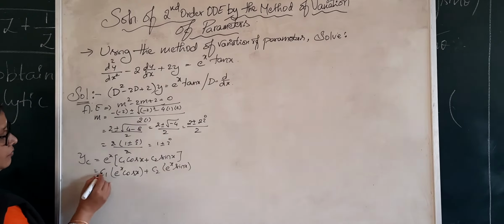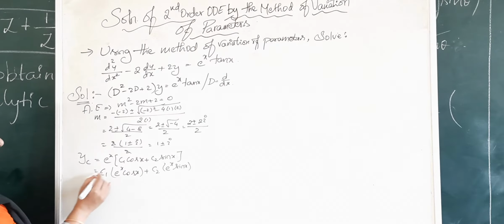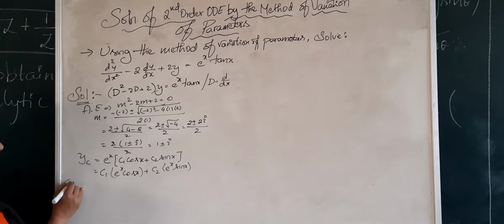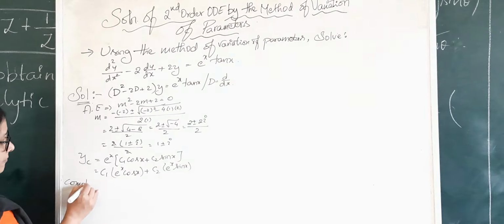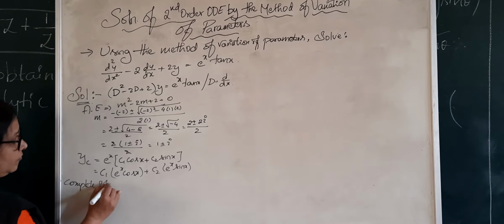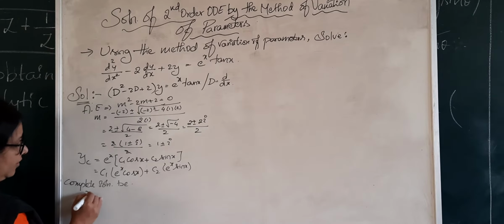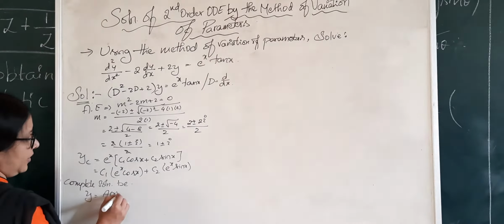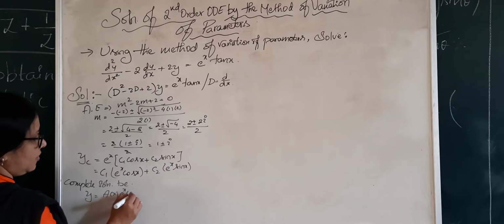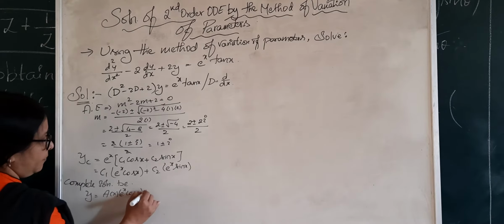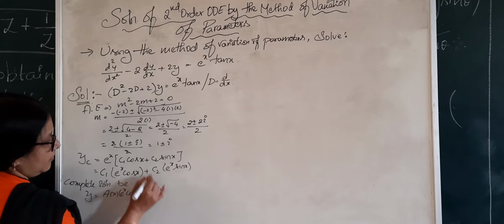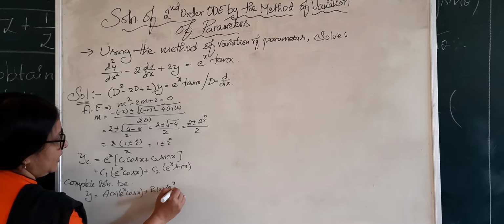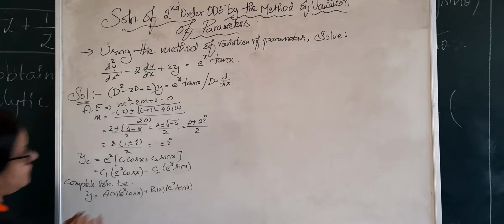Comparing this with y is equal to a y1 plus b y2, let us assume the complete solution y is equal to, instead of c1, a of x into y1, which is e power x cos x, plus b of x, c2 being replaced by b of x, into y2, that is e power x sin x.